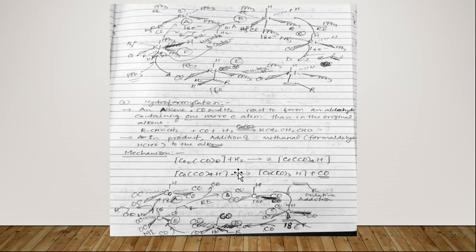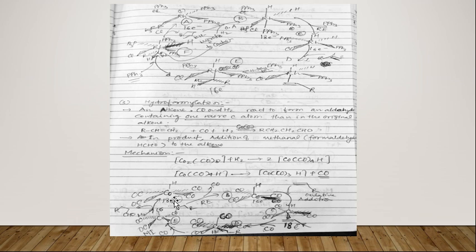And again this removes a carbonyl, giving cobalt CO 3 H, and this is the cyclic reaction for this hydroformylation.